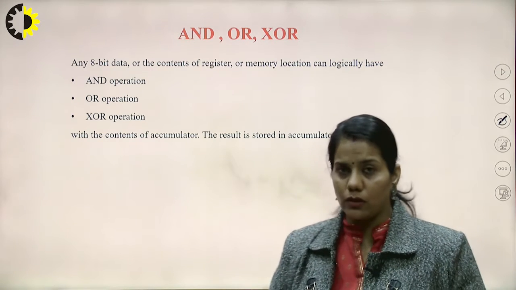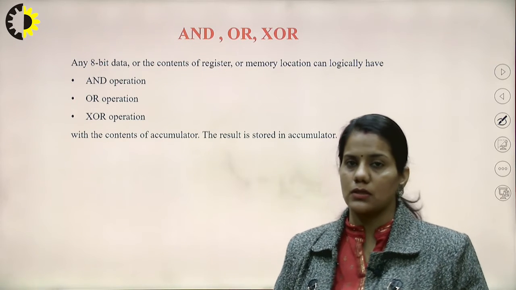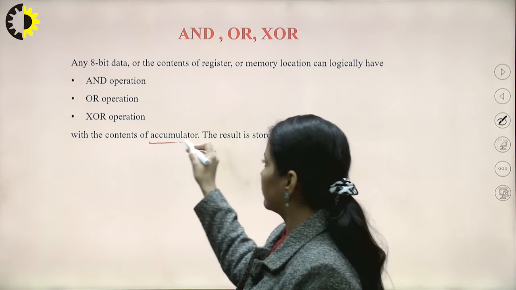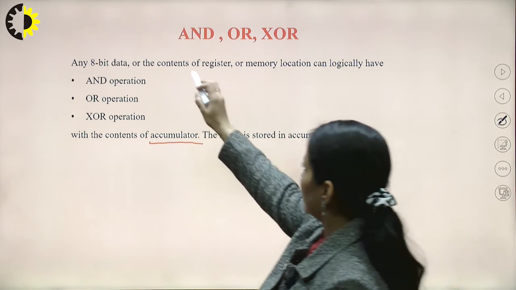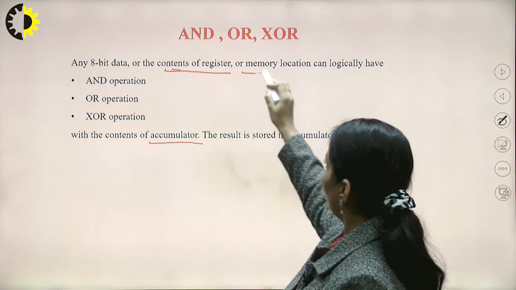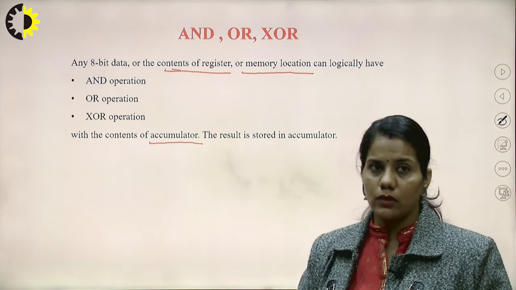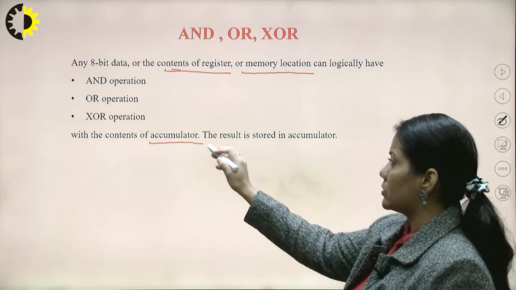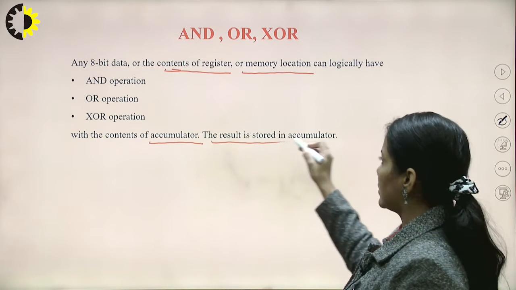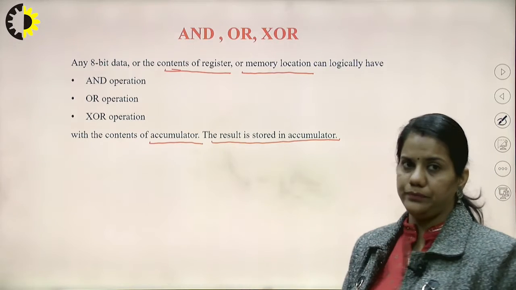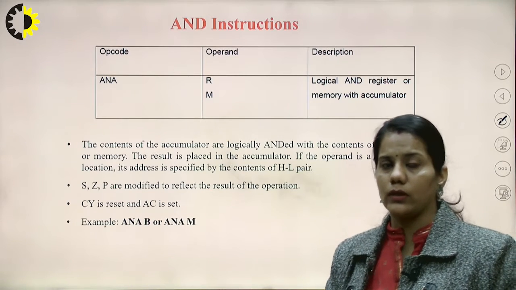By default, one of the operands in all these instructions is the accumulator. So the contents of a register or memory location can be logically ANDed, ORed and XORed with the contents of the accumulator, and the result is stored in the accumulator. Let's see them one by one.